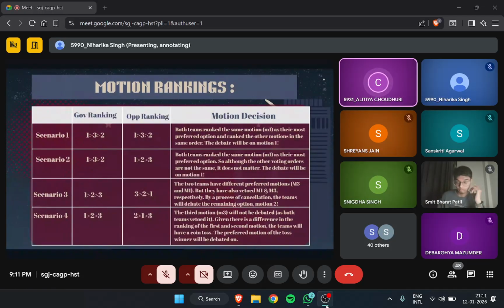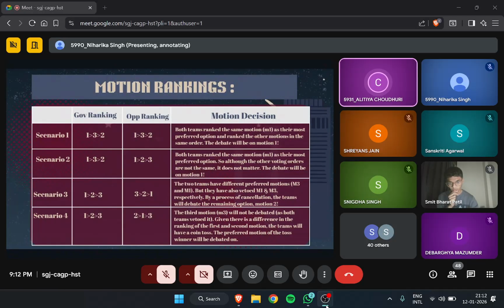The motion that you absolutely don't want to debate, you then veto, and the motion that you want to debate on absolutely is going to be your preferred motion, that is your motion preference. So the way that you then rank it, let's say the first motion one is something like this: ban cigarettes.